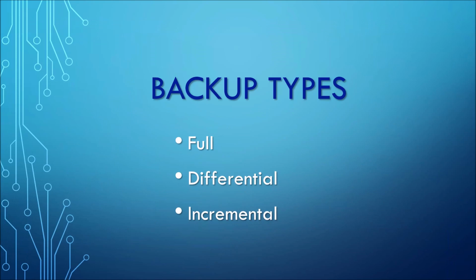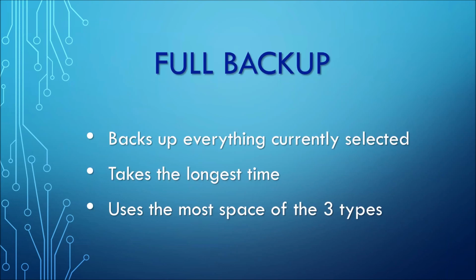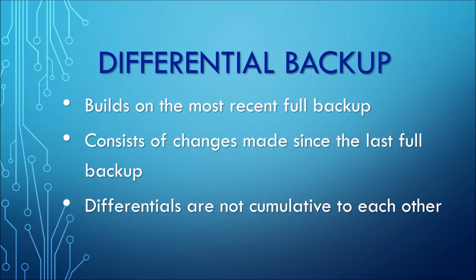The three types of backup are the full, the differential, and the incremental. And I'll go through each one of those. First, the full backup, it backs up everything that you currently have selected for backup. It takes the longest time to do because it does the entire selection. It uses the most space of the three types.